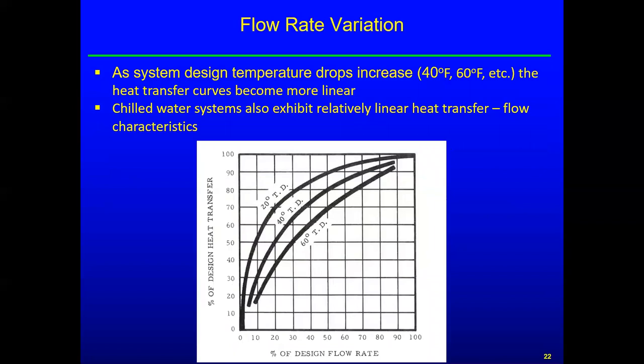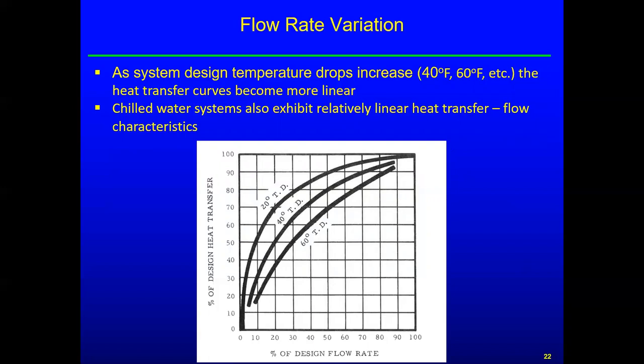But now look what happens if we design a system for a 40-degree, 60-degree, etc. delta T: the curves start to flatten out. That's because at 40-degree delta T, the water is already spending quite a bit of time in the coil, so as it slows down from there, you don't get as much additional heat.